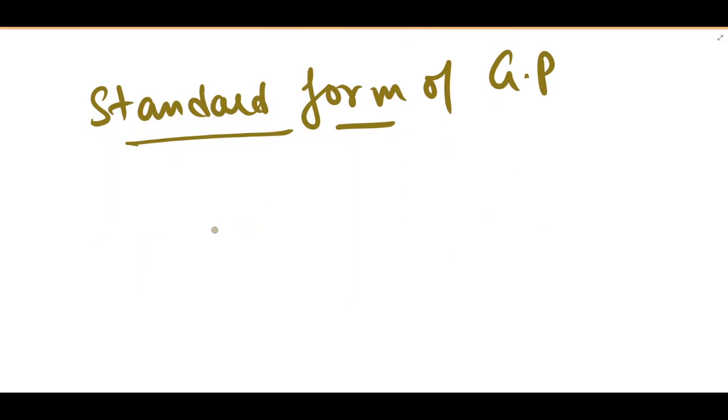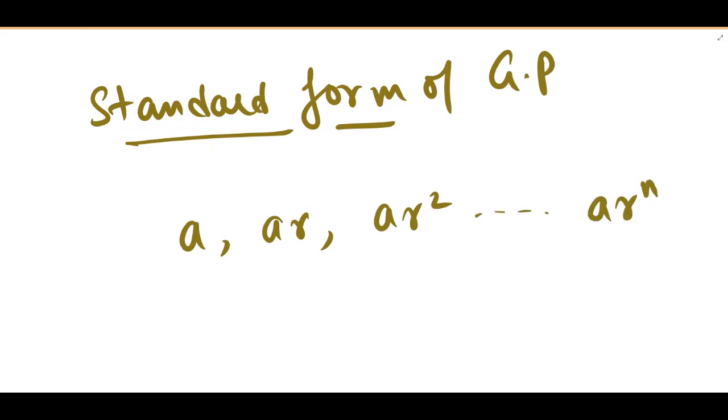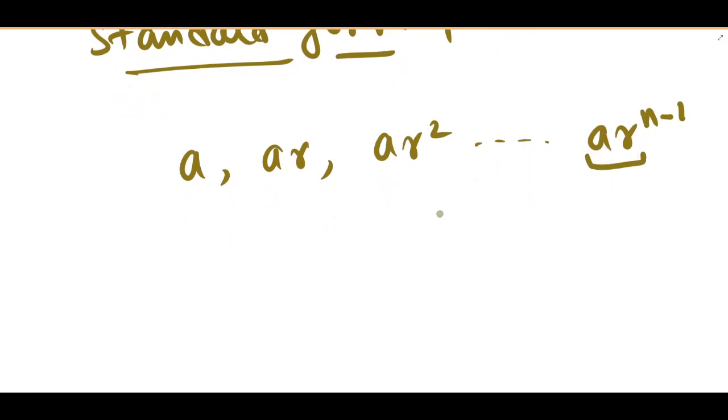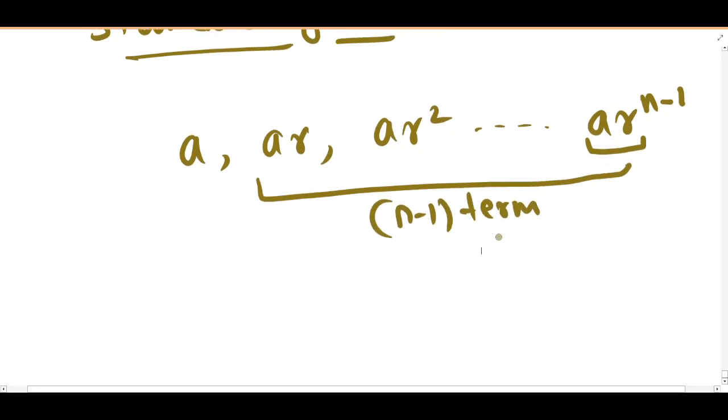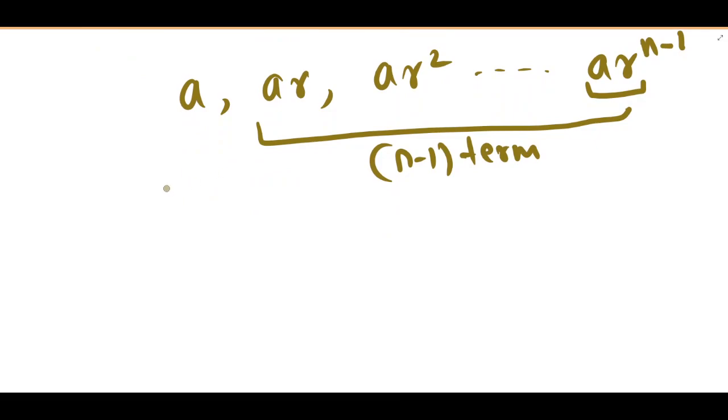The standard form is a, ar, ar square, and it goes up to ar^(n-1). So why ar^(n-1)? Because these are a total of n minus 1 terms, and to have a total of n terms, we add the first term to the n minus 1 terms, so it totals n terms.